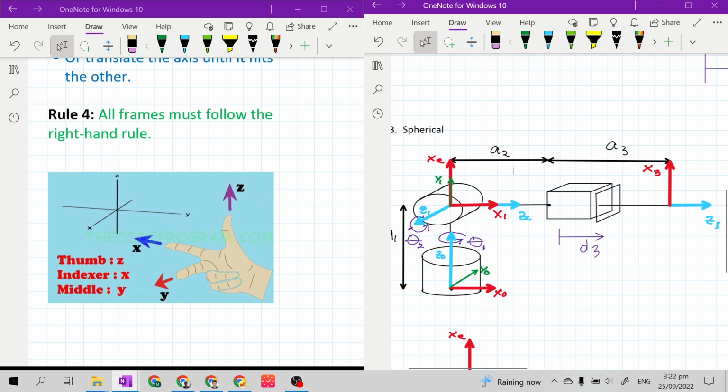Next is y sub 2. Okay, z sub 2 is pointing to the right. X sub 2 is pointing upward. So y sub 2 should point to the front. Okay, so this will be our y sub 2.